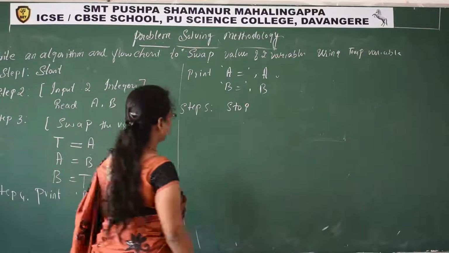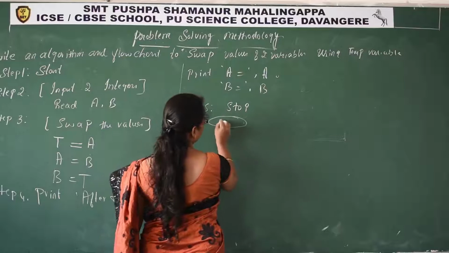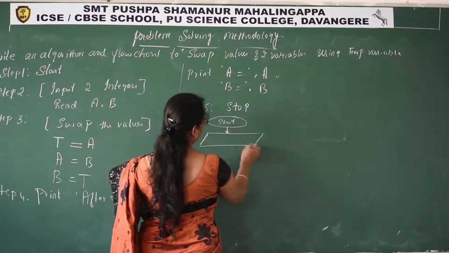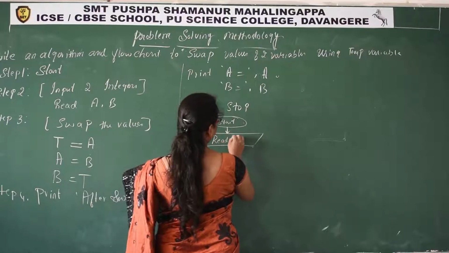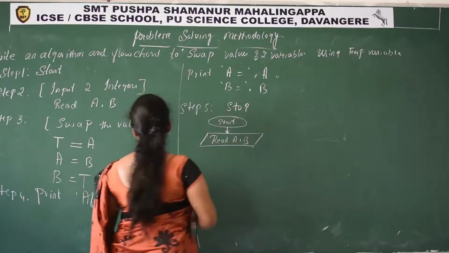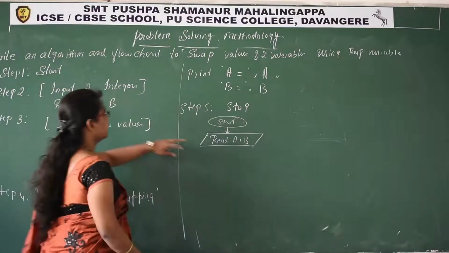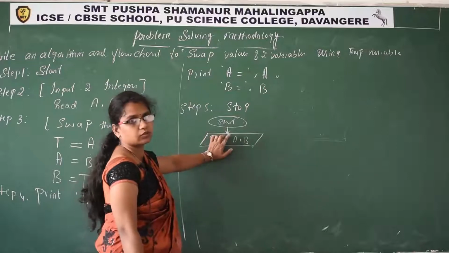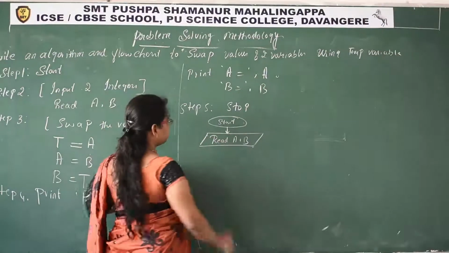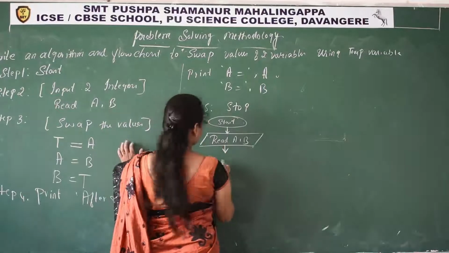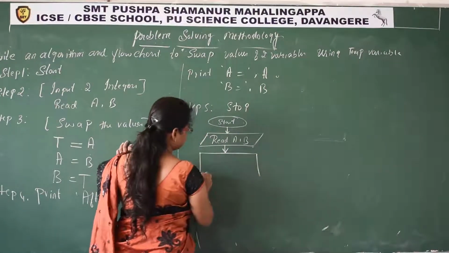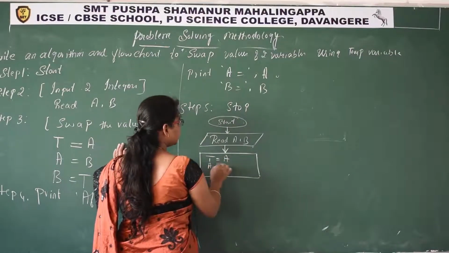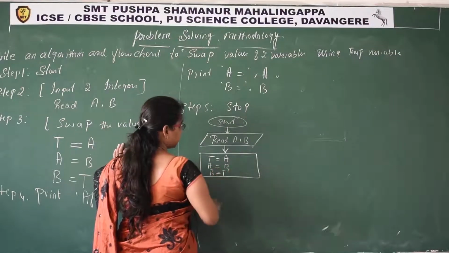Now the flowchart. Start. Directly I'll write here read A, comma B, because I have written the algorithm here, so it's related to this. If you draw only the flowchart, you must write the comment also: input two integers. After that, the swapping part, that is a rectangle. Processing is a rectangle: temp is equal to A, A is equal to B and B is equal to temp.